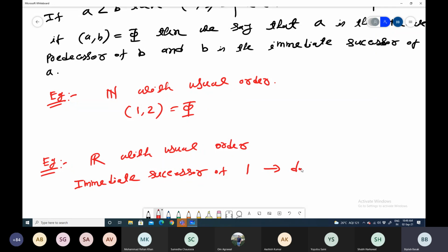Yeah, it does not exist. And similarly, if you take the rational numbers Q with the usual order, can we talk about the immediate successor of 1? No, sir. No, still we cannot say. But if we take the natural numbers or integers, then we can say that 2 is the immediate successor.